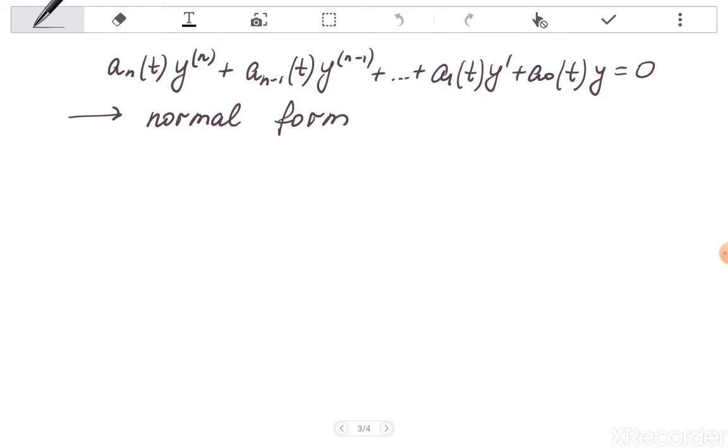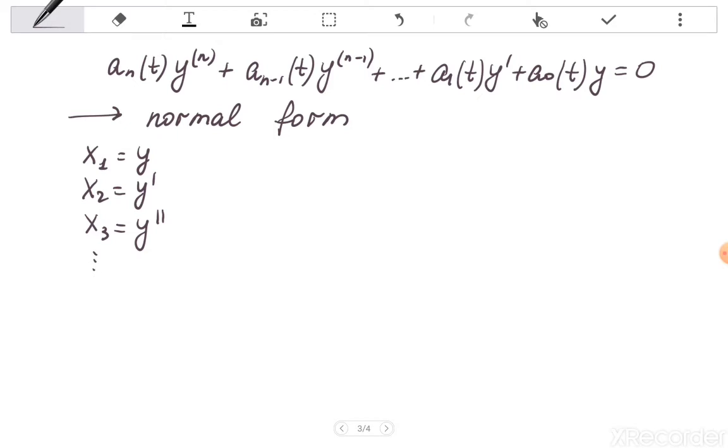any linear equation, nth order linear equation, can be written in normal form. How can this be done? The same way: we denote x1 to be y, x2 to be y prime, x3 to be y second derivative, and so on.